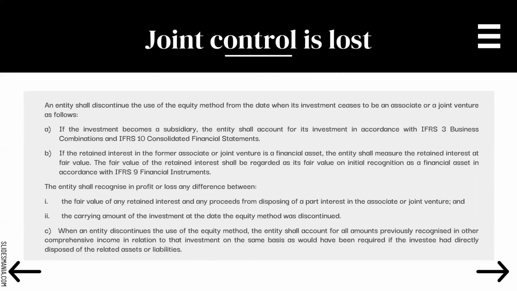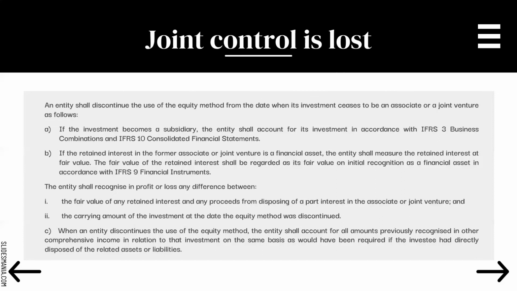Letter B, if the retained interest in the former associate or joint venture is a financial asset, the entity shall measure the retained interest at fair value. The fair value of the retained interest shall be regarded as its fair value on initial recognition as a financial asset in accordance with PFRS 9. So the entity shall recognize in profit or loss any difference between, number one, the fair value of any retained interest and any proceeds from disposing of a part interest in the associate or joint venture.